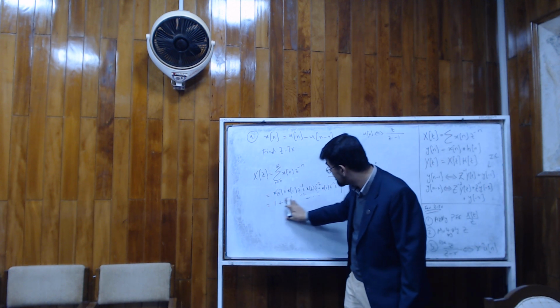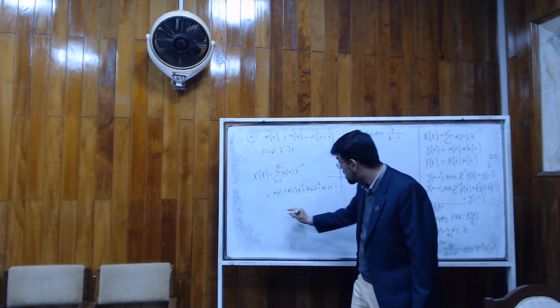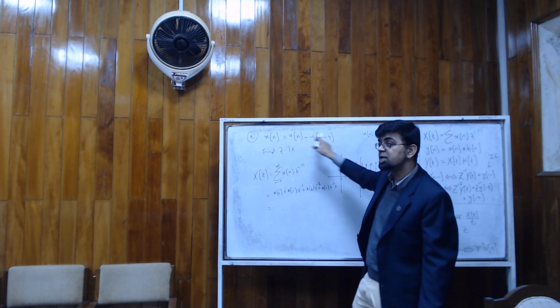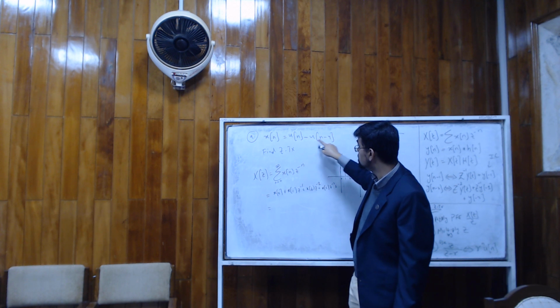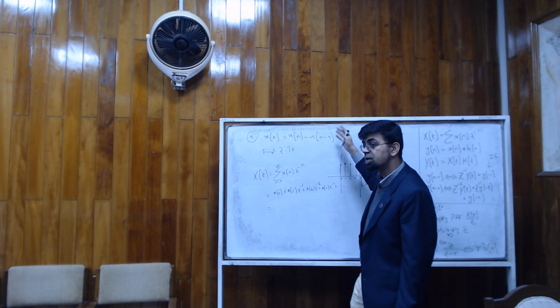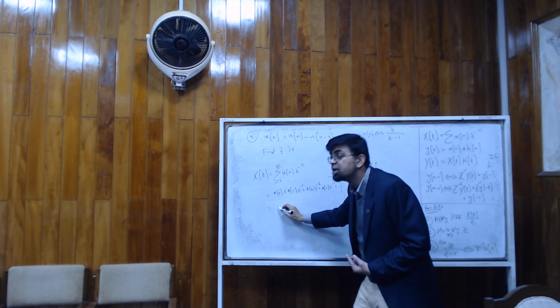Then ask yourself, okay, this is general, this applies to any x[n]. Now ask yourself, what is x[0]? Even from here you can check. x[0] is u[0] minus u[minus 4]. u[minus 4] should be 0 by definition of u, and u[0] is 1, so you put a 1 here.